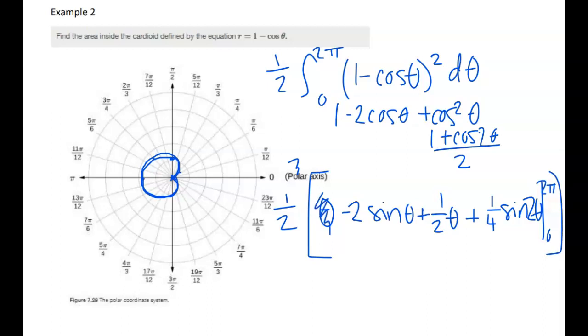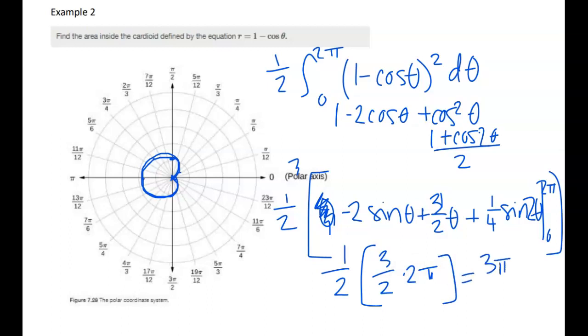All right, I end up having 3/2 theta if I combine those. Sine of all the 0s and 2 pi's and 4 pi's, those are all 0. So again, I kind of luck out here that I just have a half times 3/2 times 2 pi. And so I end up getting 1/2 times 3 pi, or 3 pi over 2 as that area.